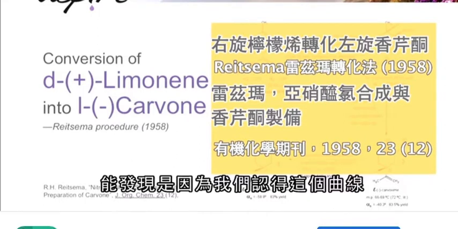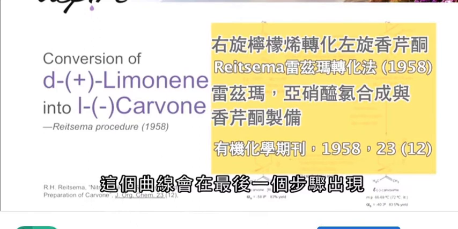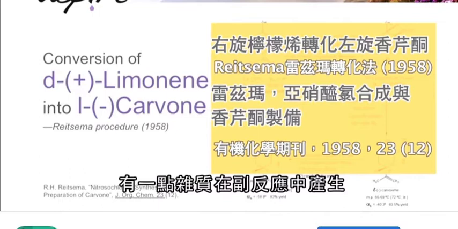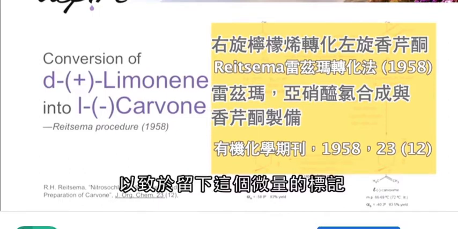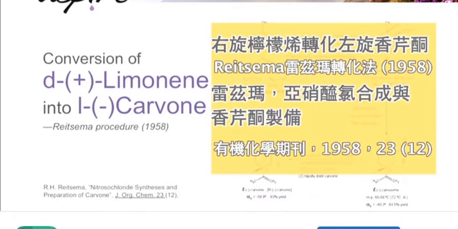It's only because we know that peak, and that peak occurs in that last step going from that number 2, I believe, I can't really see it from here, over to the final carvone. There's a slight impurity that goes into a side reaction that leaves this little trace marker behind. This is a lot like CSI, okay?